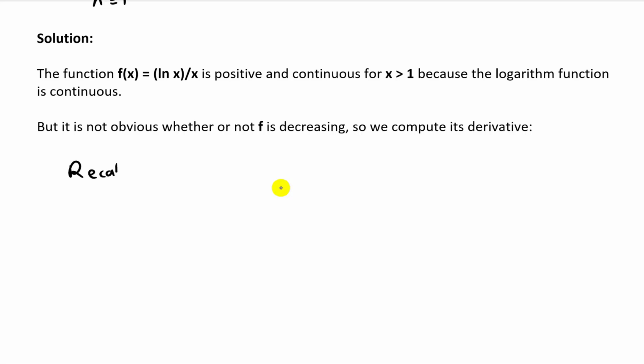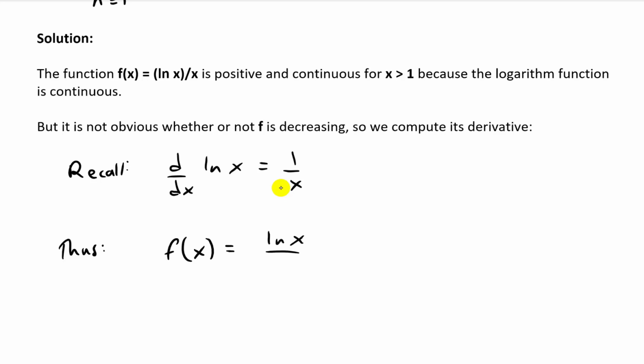Recall that d over dx of ln x is equal to 1 over x, and you can see this in my earlier videos as well. So thus, the derivative of this function, f of x equals ln x over x.